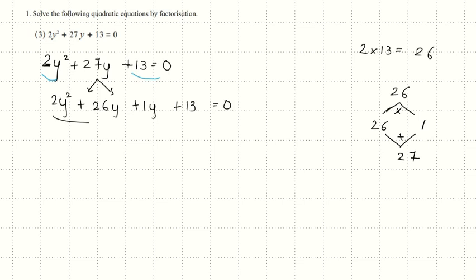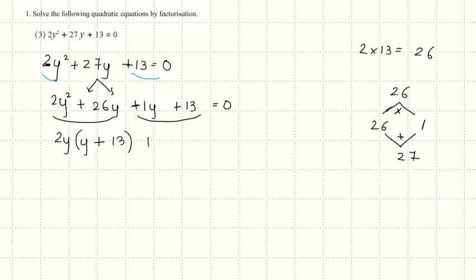Therefore, group these two terms and these two terms, write it in the form of a bracket, take 2y as common. In the bracket, if we multiply 2y into y, we get 2y squared. As we have taken 2y as common, write down the plus sign. 2 into 13 will give us 26, and this y is already outside.